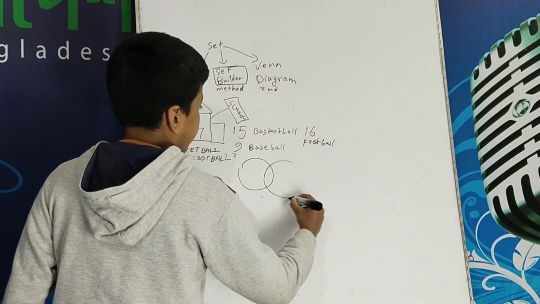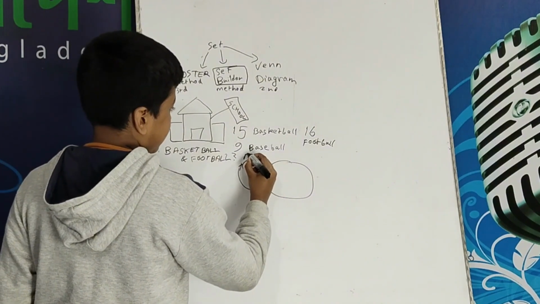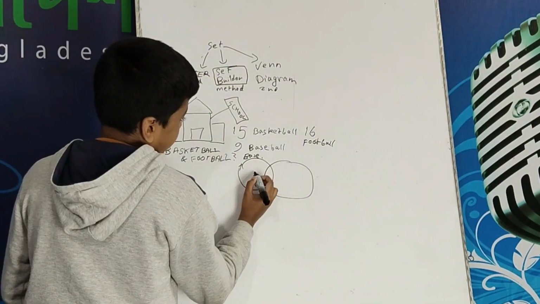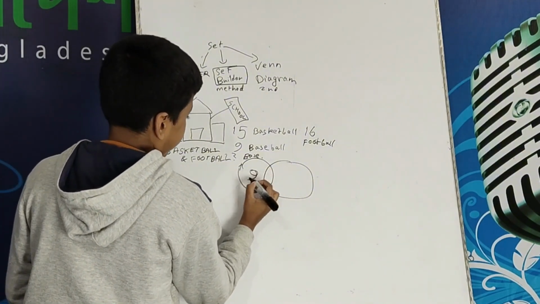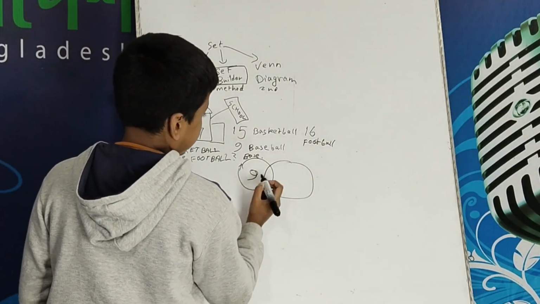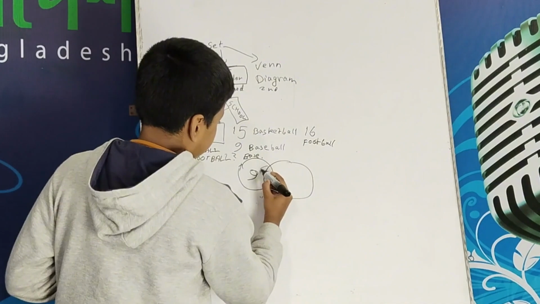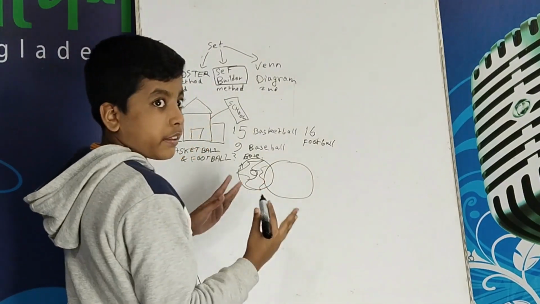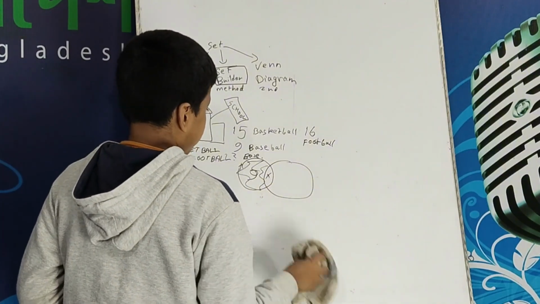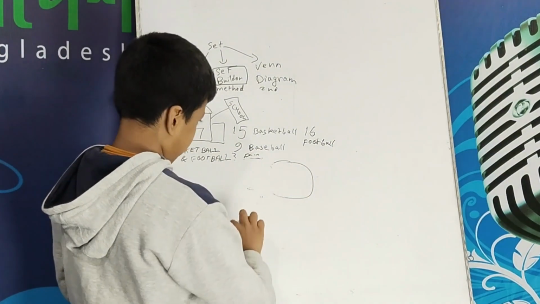So basically, let's say this is the set that represents all baseball players, okay? How many are here? There is 9. But we don't write 9 because this region is actually that region. Not this. This should not be included. Which means we don't know how many like only baseball, okay?